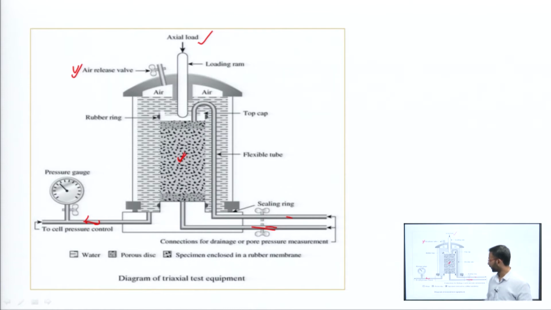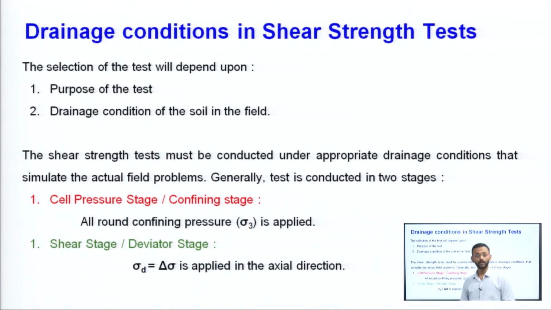Okay. So, now let us see how the triaxial test works. First of all, the selection of the test will depend upon two things: the purpose of the test and the drainage condition of the soil in the field. If the drainage condition is not known, then the test is not according to the field conditions.